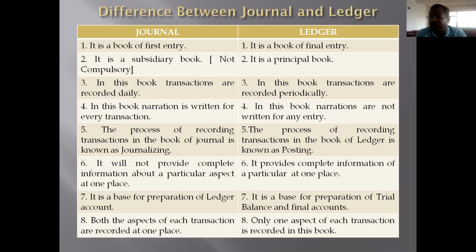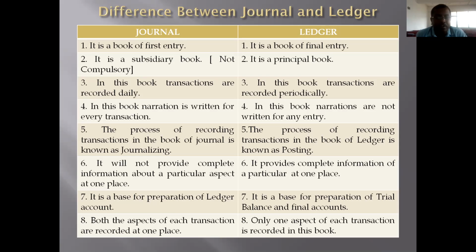No need to compulsorily prepare the journal. But ledger is a principal book which is mandatory. Every company must maintain a book called ledger account, and it is not necessary that every company must maintain a journal. Understood? So just keep in mind, journal is optional, ledger is compulsory. Ledger is a principal book, which is not optional.